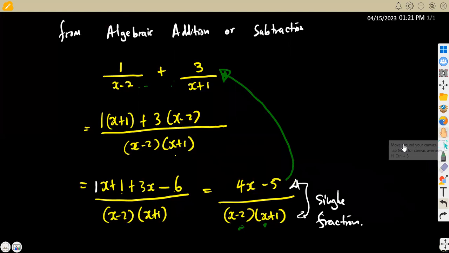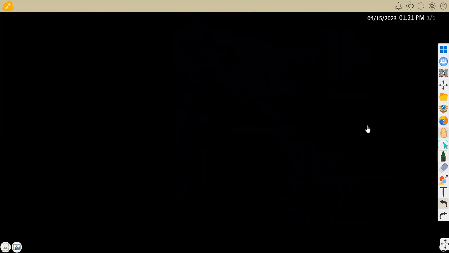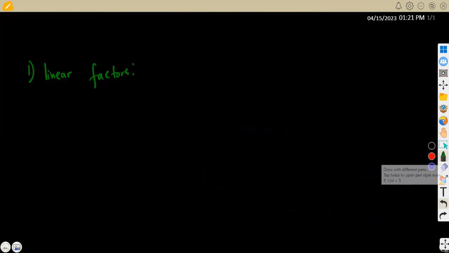So it follows that in a linear expansion, whereby you are given linear factors, you're supposed to know this consideration. Let's say your denominator has linear factors.